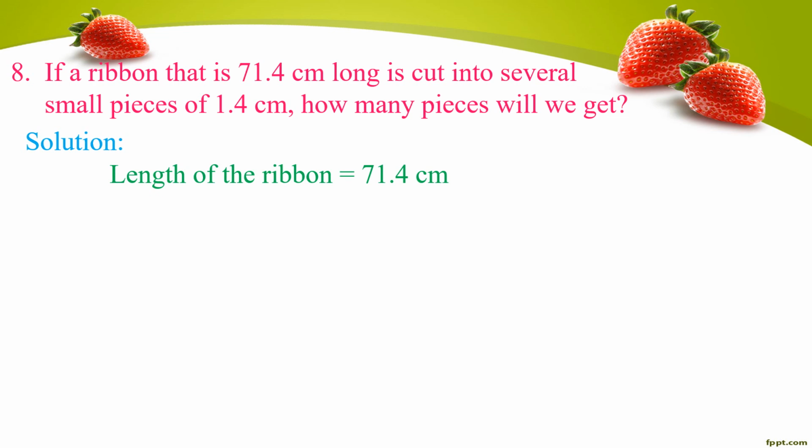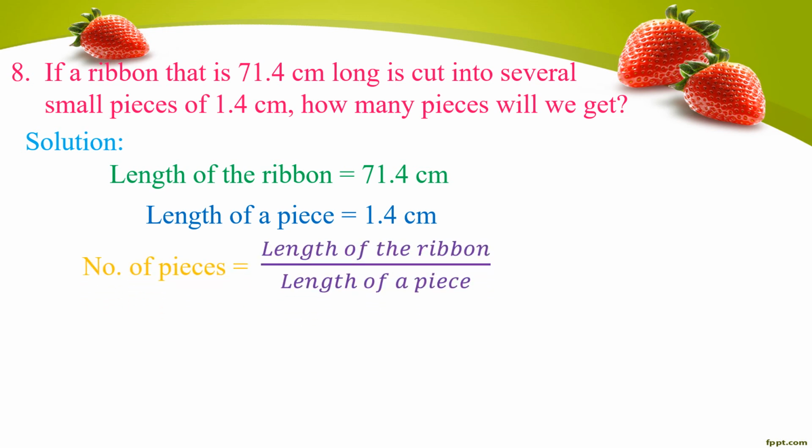Length of the ribbon is equal to 71.4 cm. Length of a piece is equal to 1.4 cm. Number of pieces is equal to length of the ribbon divided by length of a piece, which is equal to 71.4 divided by 1.4. Now we are going to divide a decimal number by a decimal number. So follow the steps.